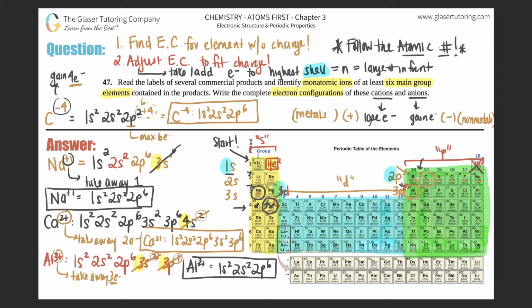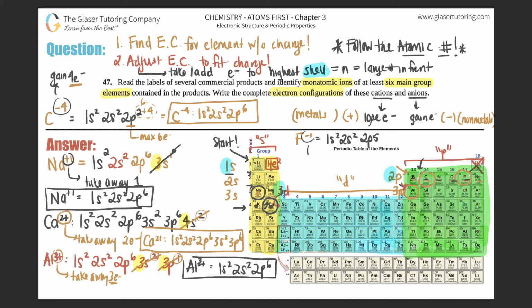2 more. Let's do fluorine. We'll do fluorine over here. Fluorine is usually a -1. It's seen in your toothpaste as fluoride. So we got to get to number 9. Got to start from the beginning. Started from the bottom, now we're here, right? So 1s2, 2s2, and now we're at 2p, 1, 2, 3, 4, 5.